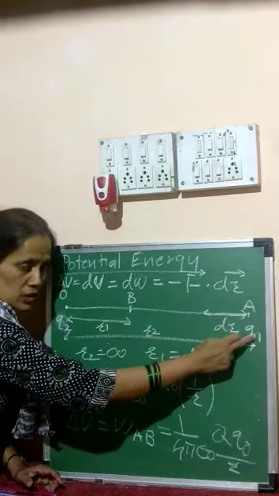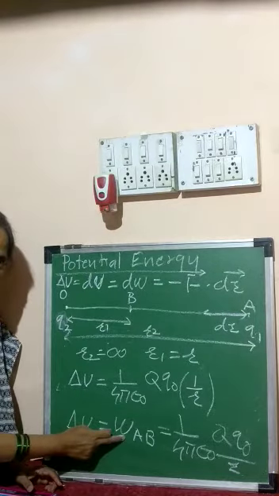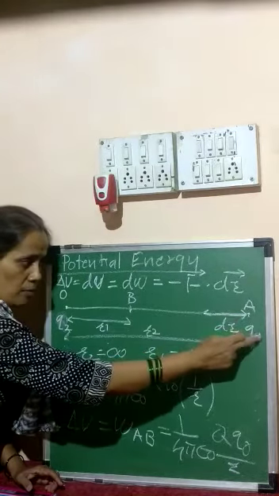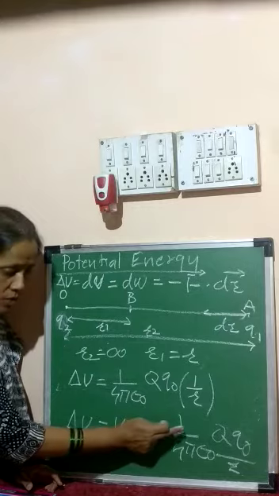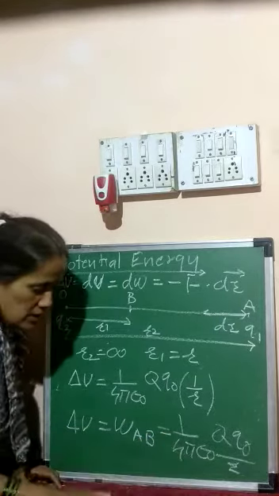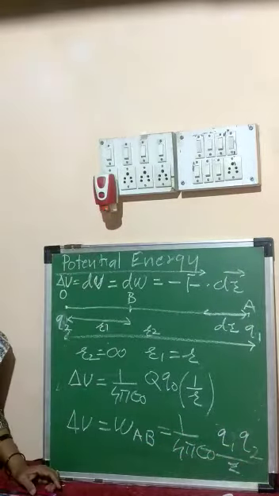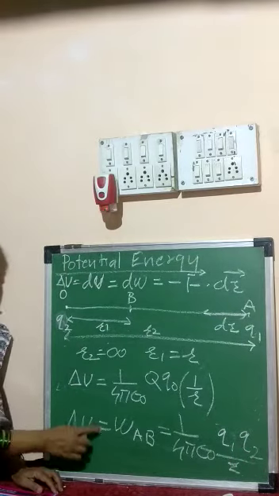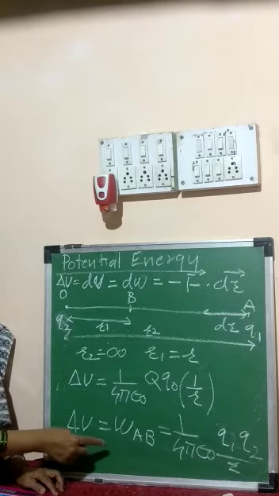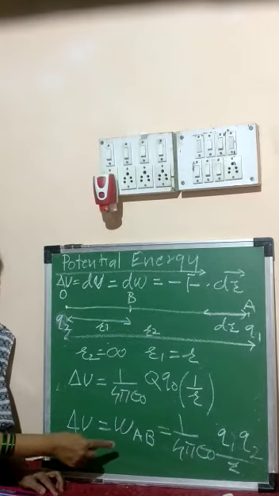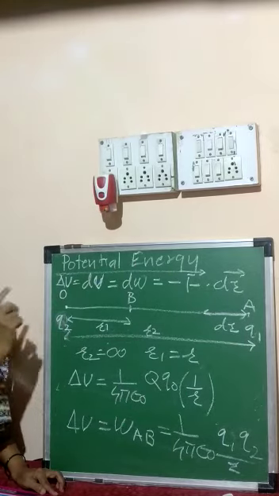While bringing Q1 charge from A point to B point, the change in potential energy, which is nothing but the work done in bringing Q1 charge from A to B, can be written as 1 upon 4 pi epsilon naught Q1 Q2 upon R. This change in potential energy is also called the work done in bringing a charge in the field nearer to another charge as a source charge. So this is about your potential energy.